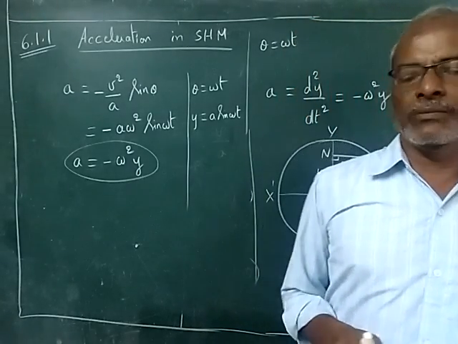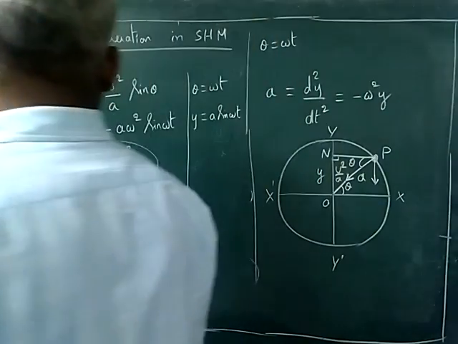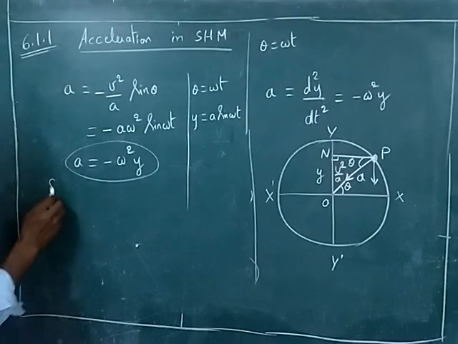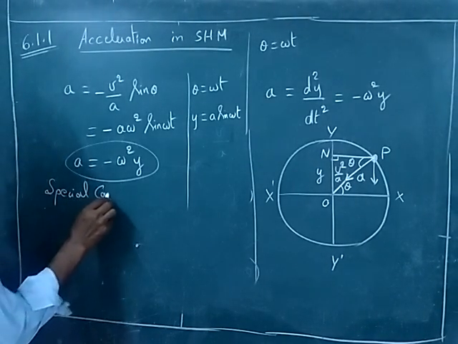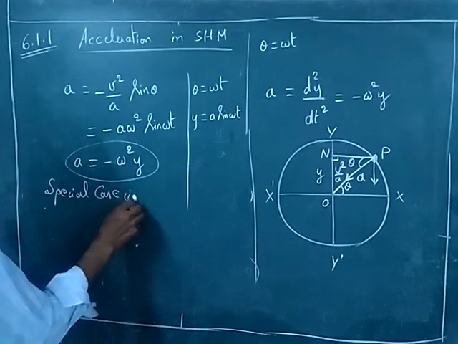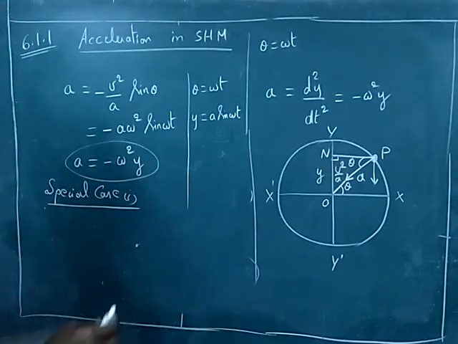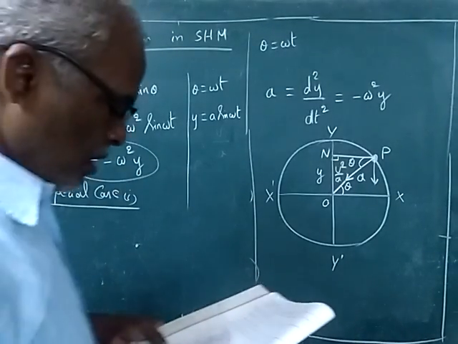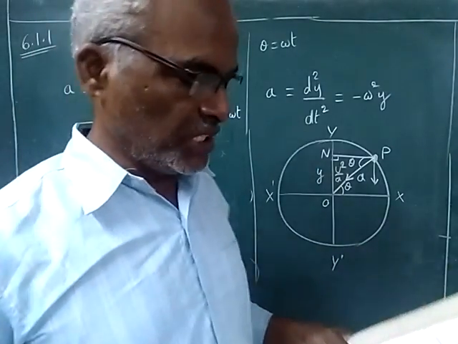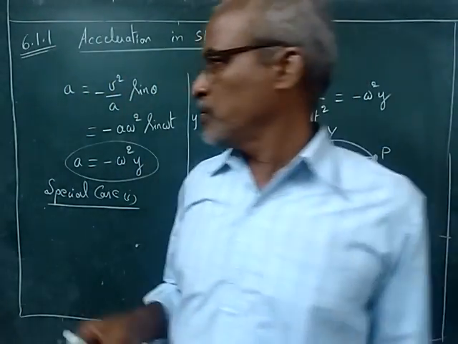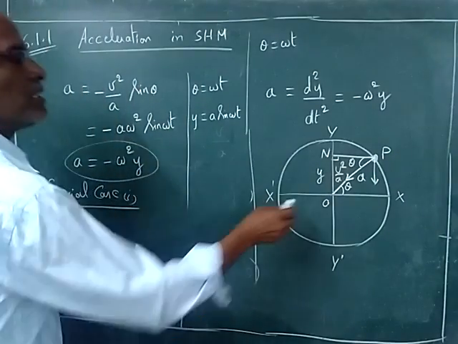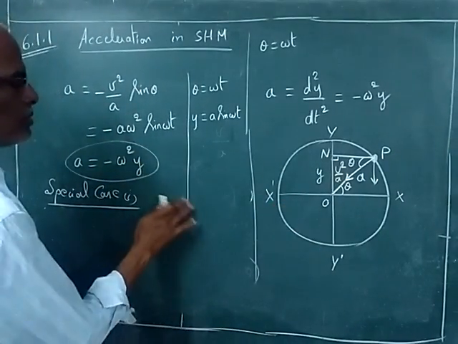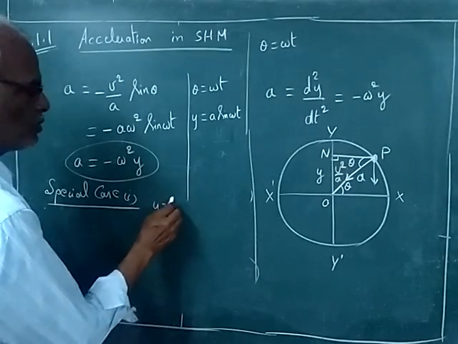Now we will see some special cases. Special case 1. When the particle is at the mean position, means here, at this point y equal to 0, because there is no displacement.